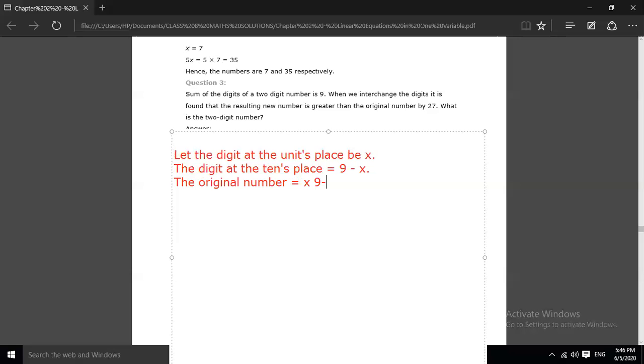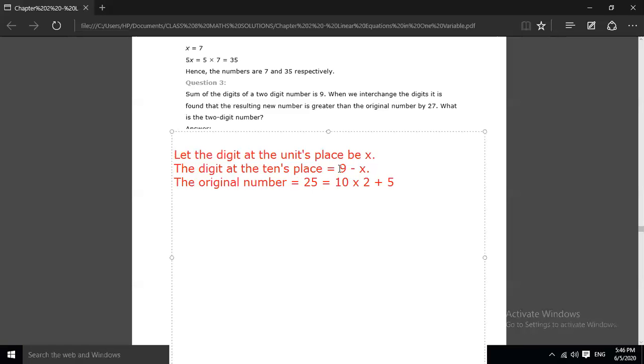If you just write x and 9 minus x side by side, it will be wrong. We cannot represent the digits in this way. 25 can be written as the tens digit multiplied by 10 and the unit digit multiplied by 1, so 25 is 10 into 2 plus 5. This is the excellent way to represent the number.